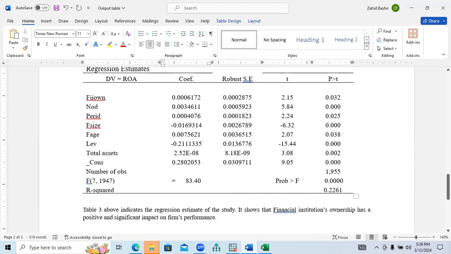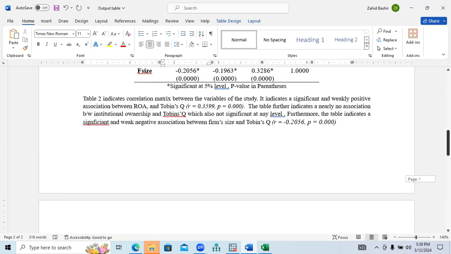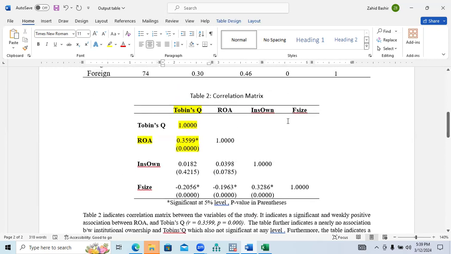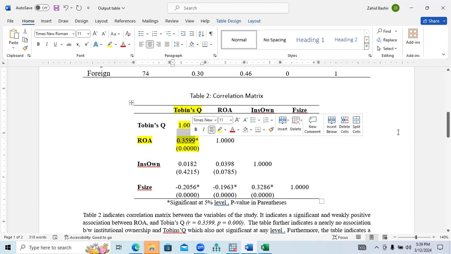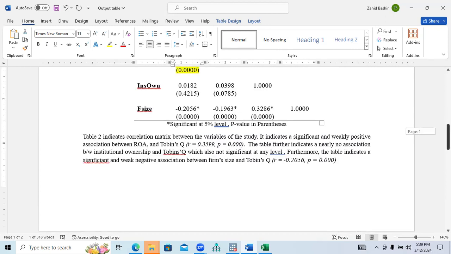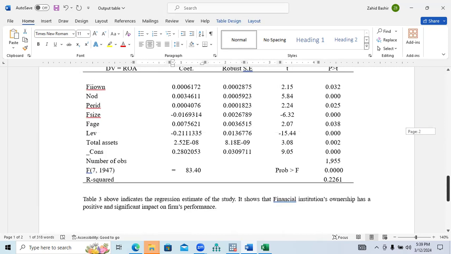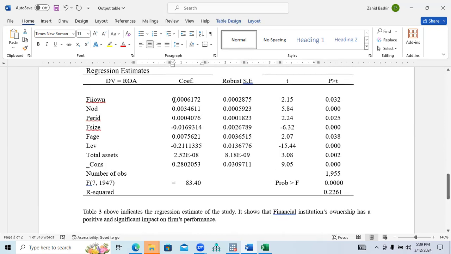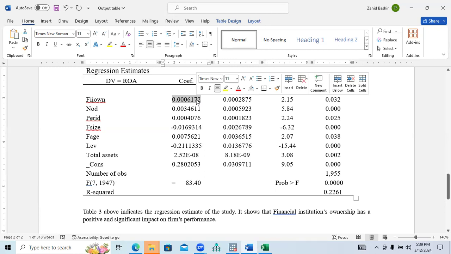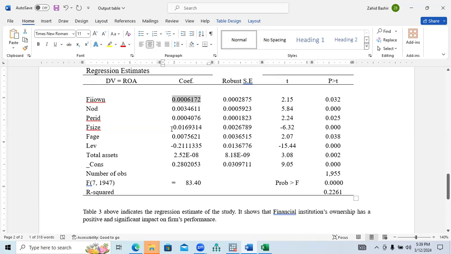Always remember that whenever you are considering the correlation coefficient, you need to understand whether this is weak positive or strong positive. But in regression analysis, there is nothing like weak or strong in the coefficient value. If there is no sign here, it means a positive impact, and if there is a negative sign, it means negative impact.